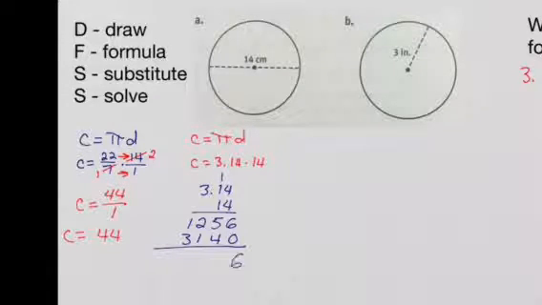Now let's add these up. 6, 9, 3, and 4. We have 2 decimal places, so I counted 2 spaces. And my answer is 43.96 centimeters.